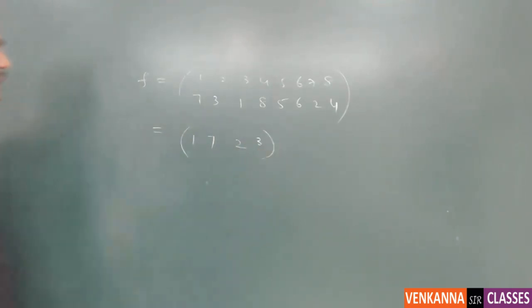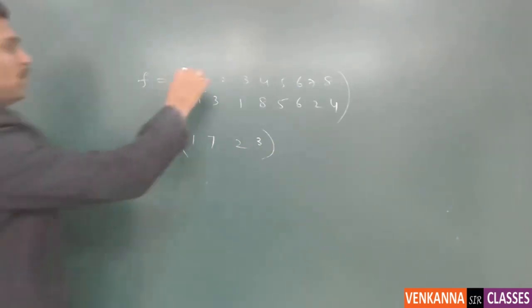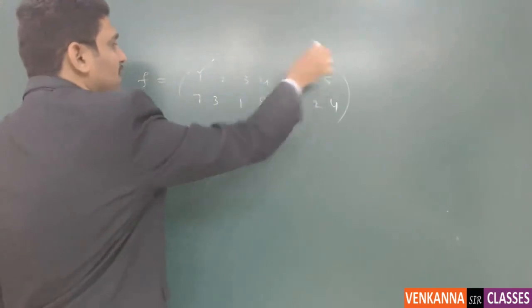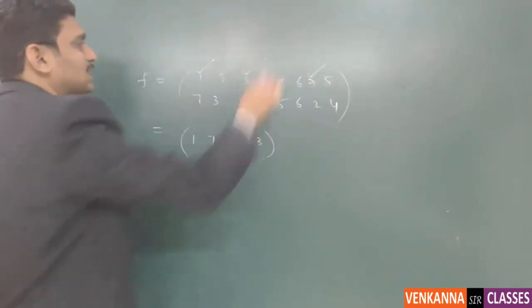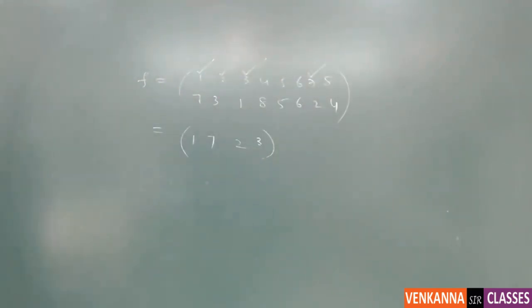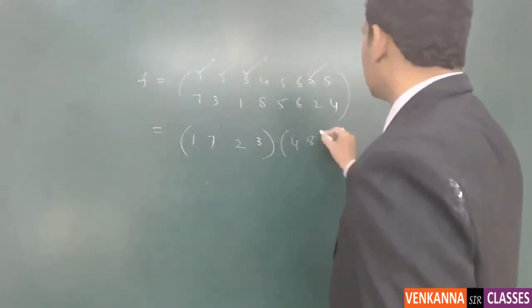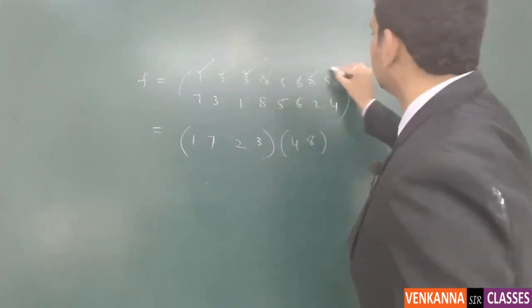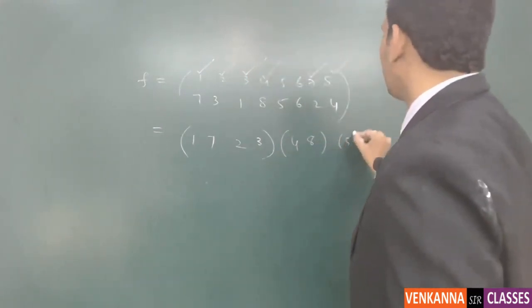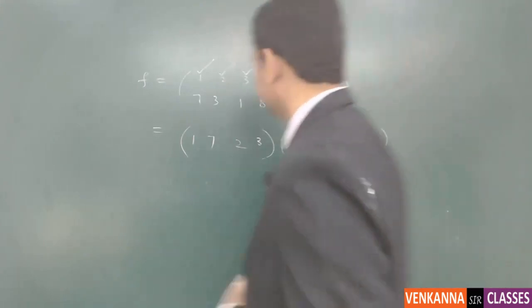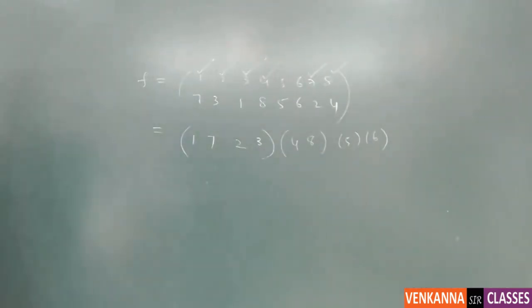This is one cycle. Okay. So 1 is completed, 7 is completed, 2 is completed, 3 is completed. For the rest you have, for 4 it is 8, for 8 it is 4, closed. So 5 goes to 5, 6 goes to 6. Is it clear for you how it is written? The cycles first.